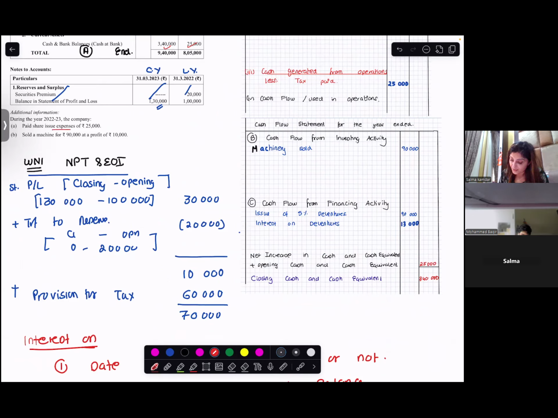Now what is there? Share issue expenses. Anything related to shares, where does it go? Financing activity. And this is non-operating expenses. So I will write share issue expenses. Inflow or outflow? Outflow.